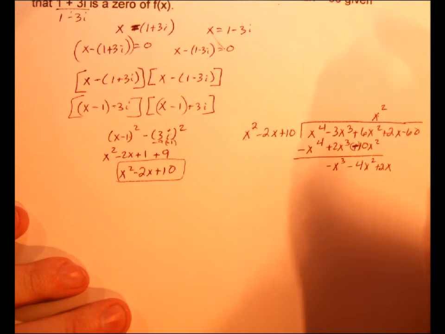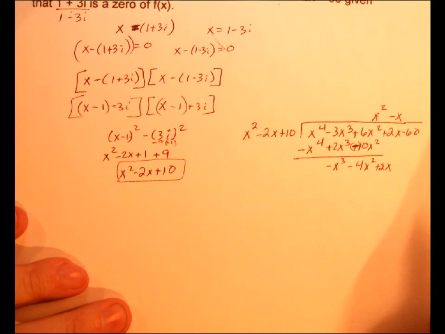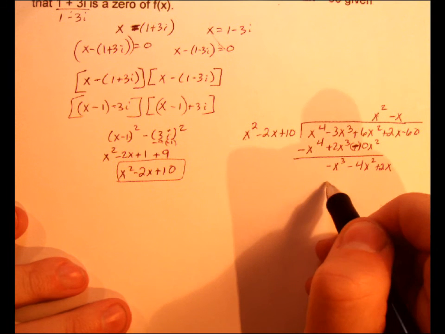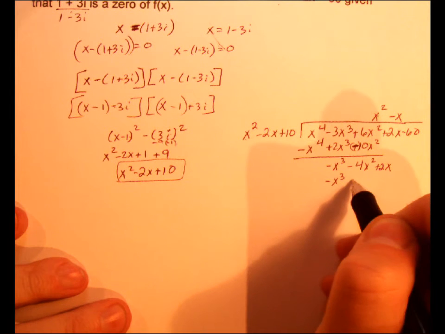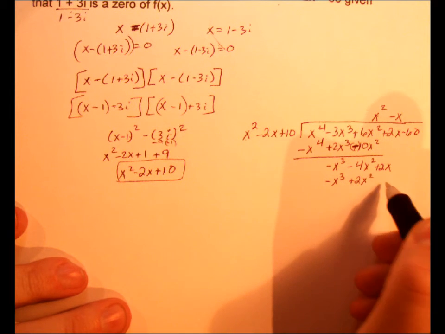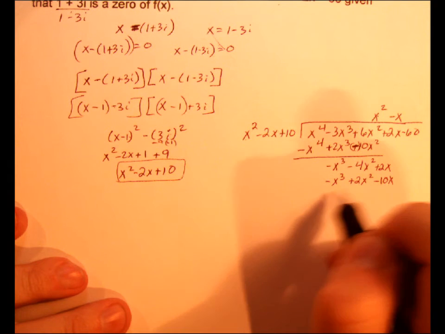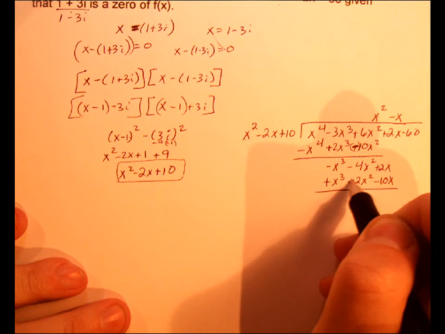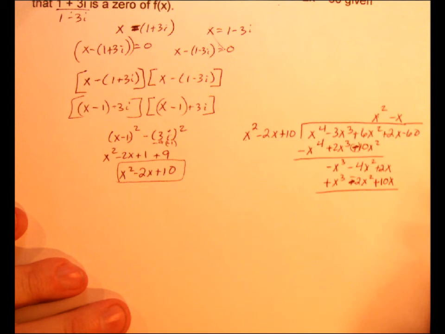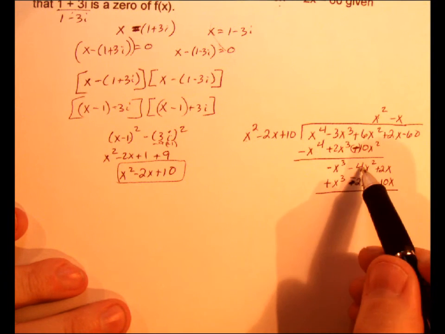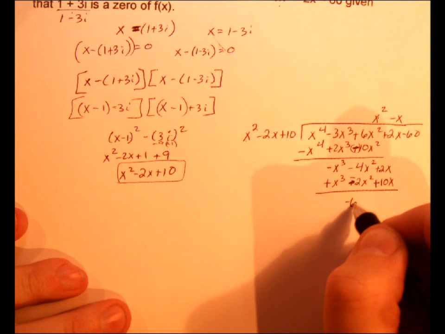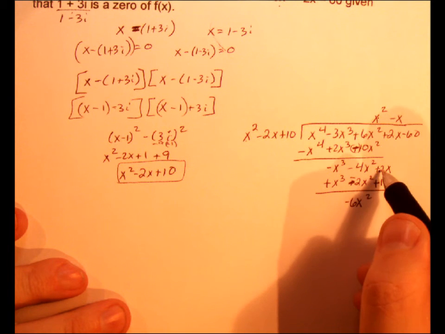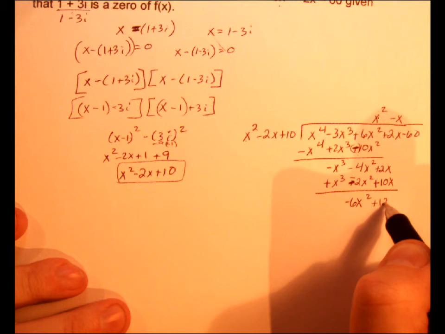That would be a negative x. So x times all that would be a negative x cubed, a positive 2x squared, and a negative 10x. When we subtract, change all the signs. That would be a 0. Negative 4 minus 2 is a negative 6x squared. 2 and 10 gives you 12.